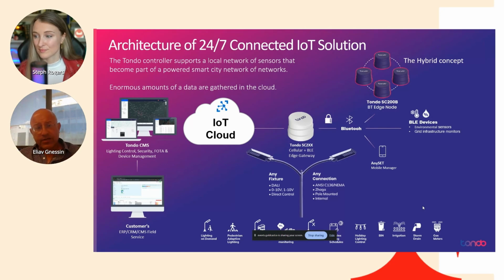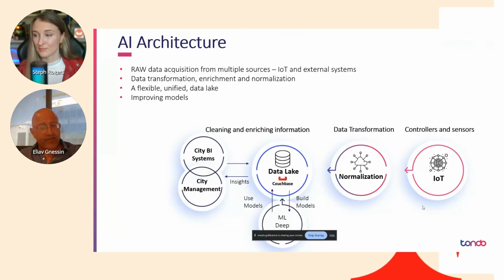What I would like to do is dive a bit into the AI story and explain how the data that comes from these controllers and sensors is actually being used to provide value to customers. First, I want to explain how an AI architecture is built, how we are working in AI.